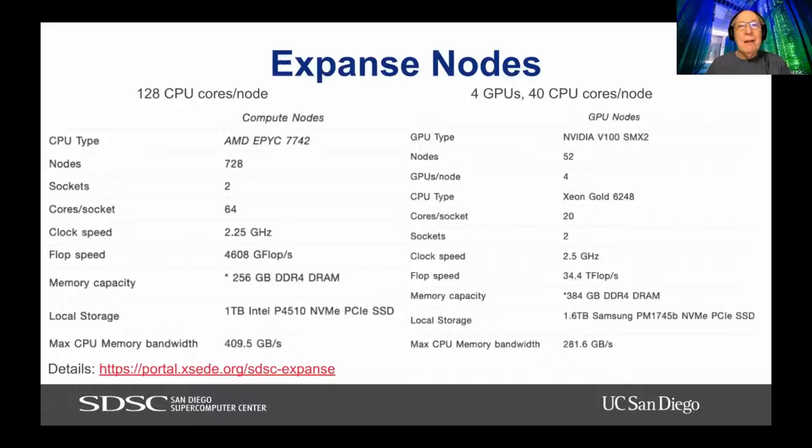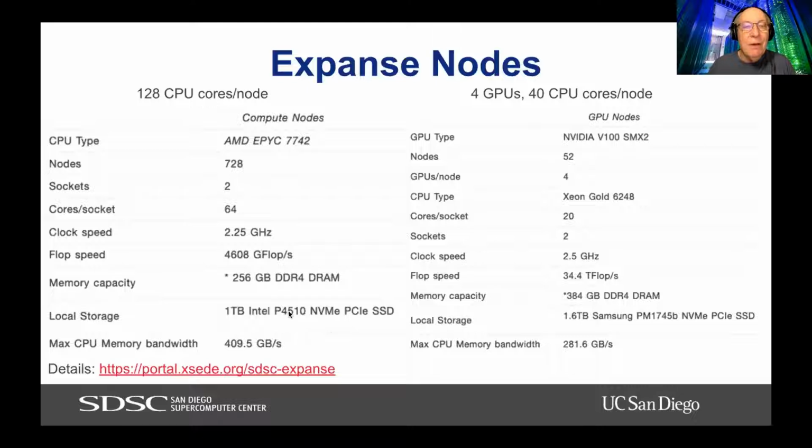Okay, so just a quick overview of Expanse itself. Expanse has two types of nodes. First, it has compute nodes, which are CPU nodes. Each node has 128 CPU cores, and we have 728 of those nodes here. An important thing to know too is that each node comes with a fast flash drive.